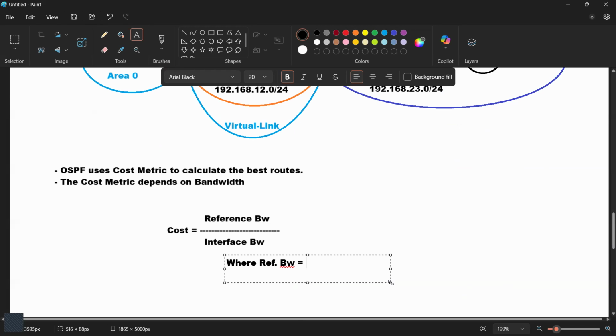Imagine that value. What is the reference bandwidth? Google it. I told you to do some research.